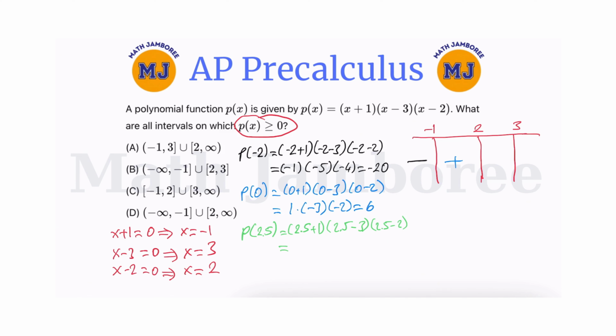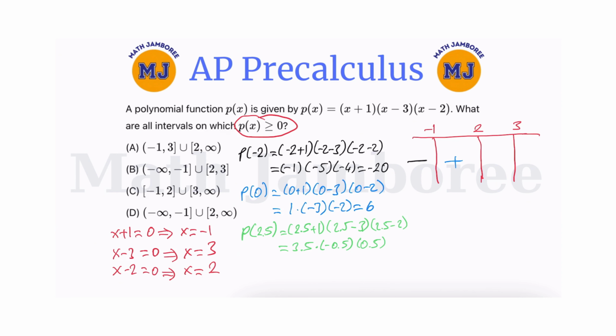This becomes 3.5 times negative 0.5 times 0.5.